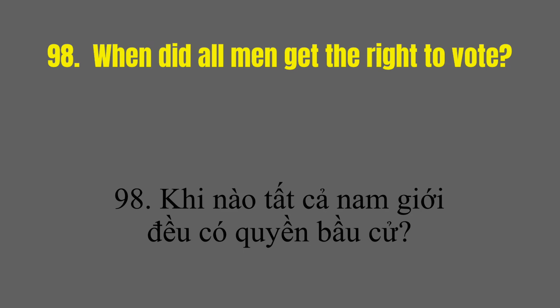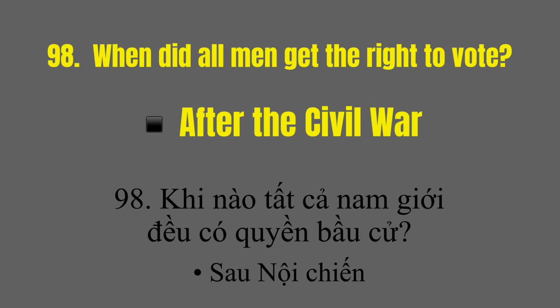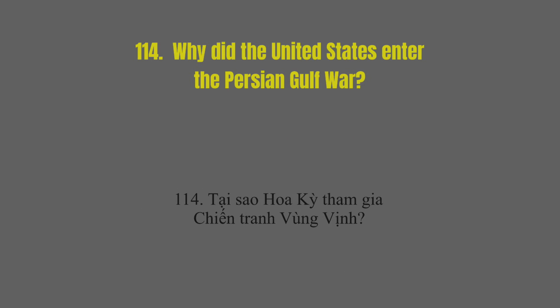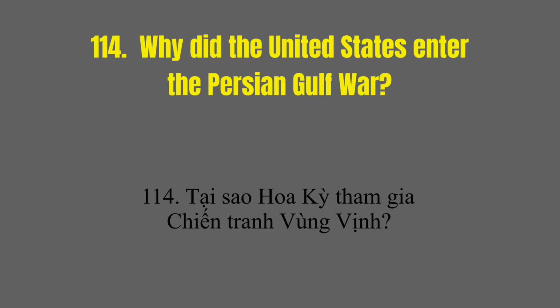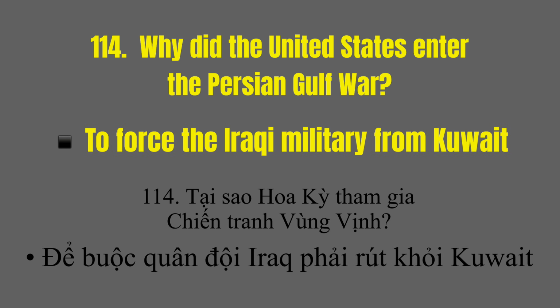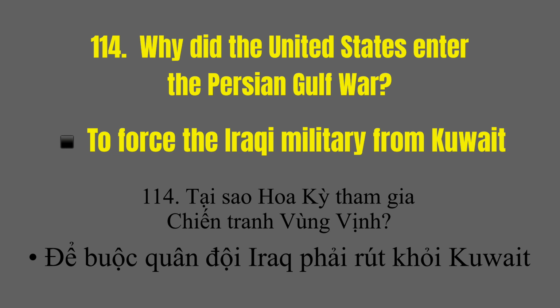When did all men get the right to vote? After the Civil War. Why did the United States enter the Persian Gulf War? To force the Iraqi military from Kuwait.